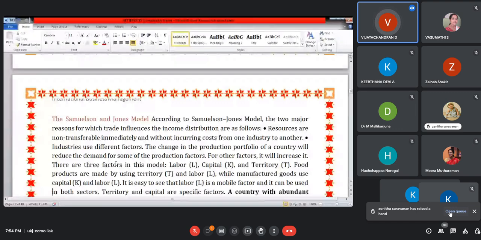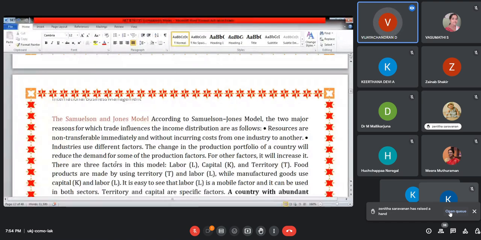Say for example, land and natural resources. In the Gulf countries the availability of crude oil will be there, but that cannot be transferred to another country. That natural resource cannot be moved to another country. But if you have capital, yes, you can lend the money to another country.